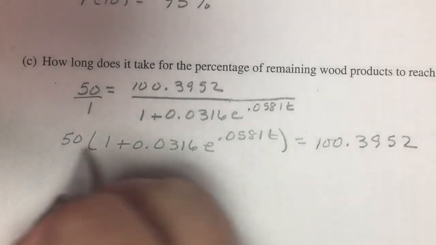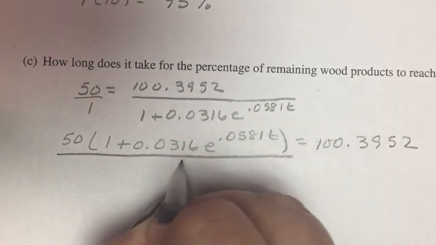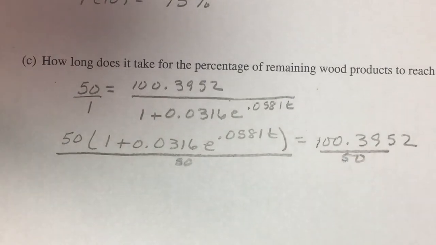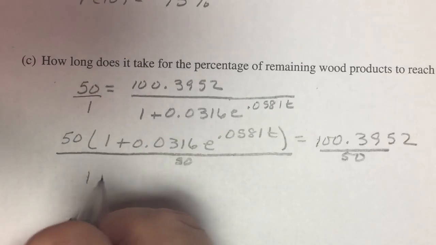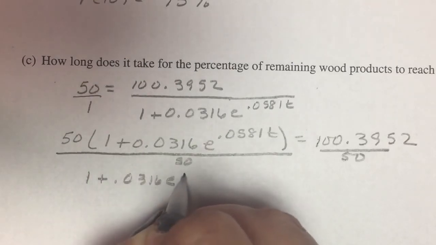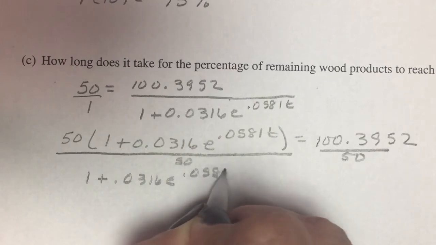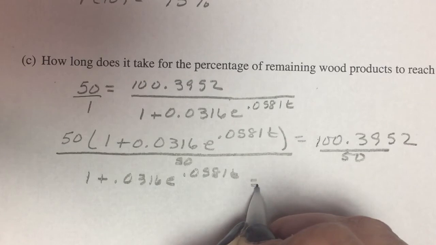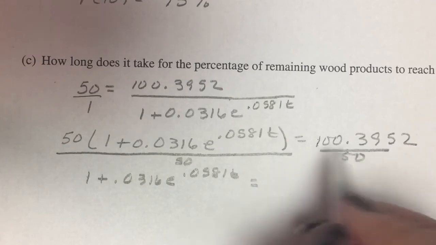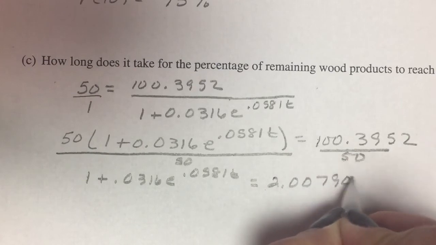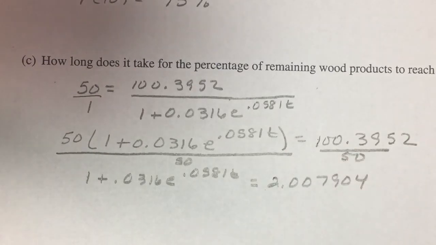The next thing that you want to do is you want to divide both sides by that 50. So you're going to end up with 1 plus 0.0316 e to the 0.0581 t is equal to, when I divide over there by 50, I'm going to get 2.007904. Again, pause it when you need to.